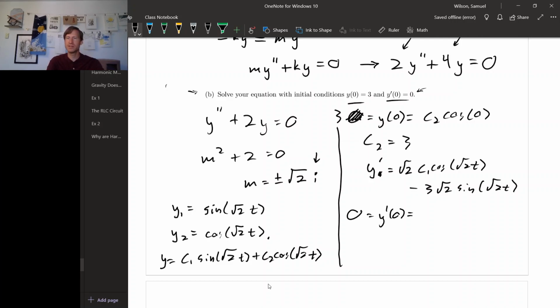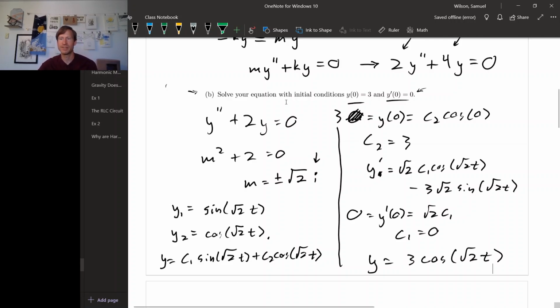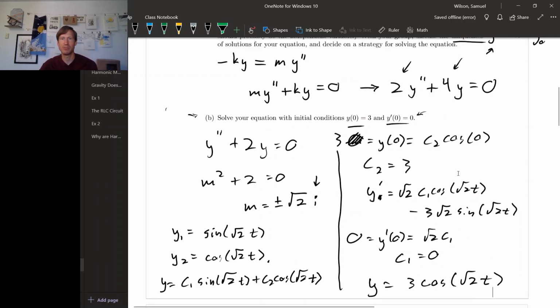And plugging 0 into this, we get, let's see, root 2 times c1. And so c1 has to be 0. So our solution for this particular initial condition looks like it's 3 times cosine of root 2t. All right, so we solved this initial value problem.